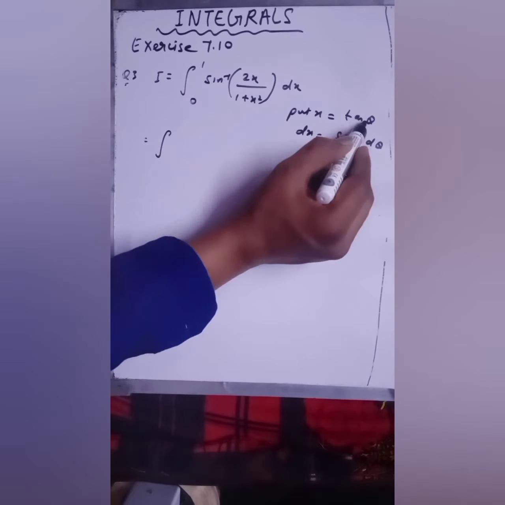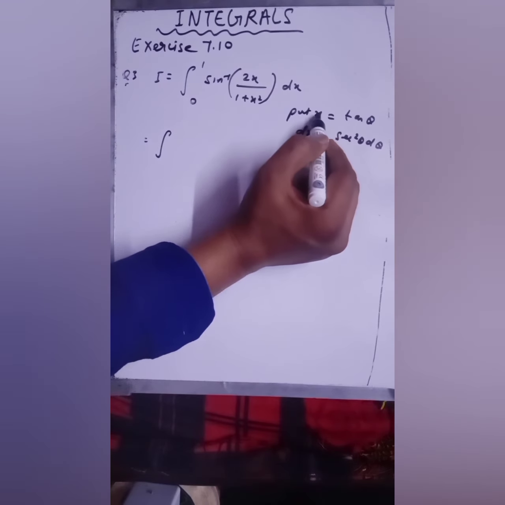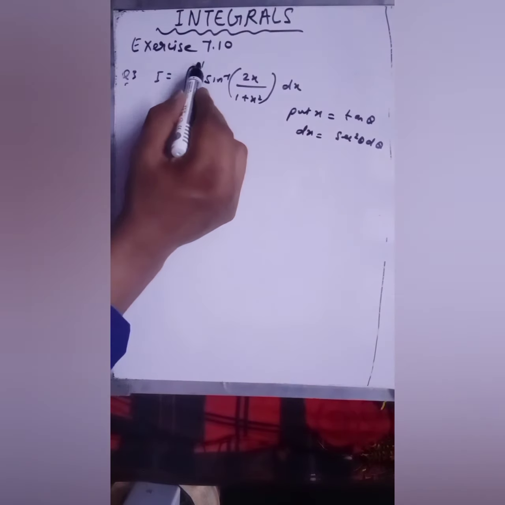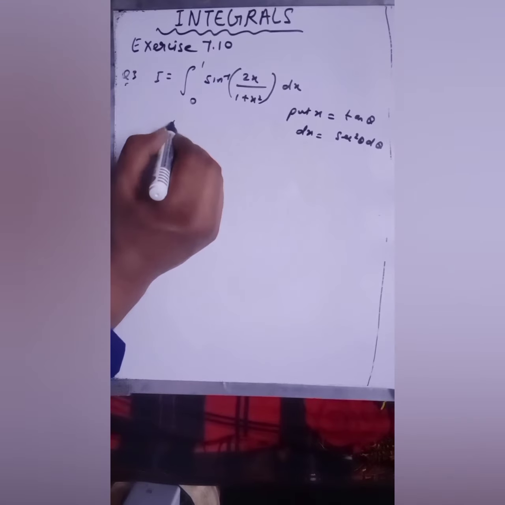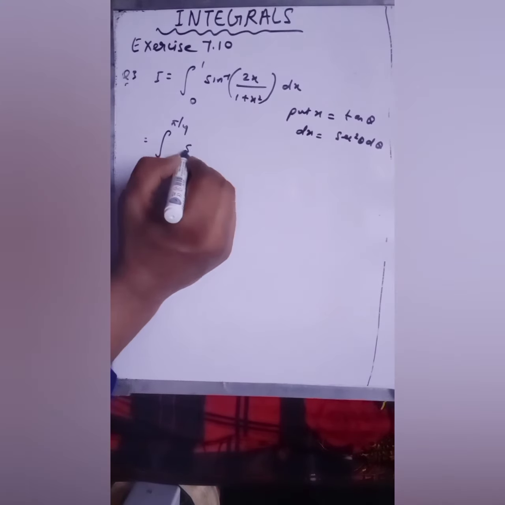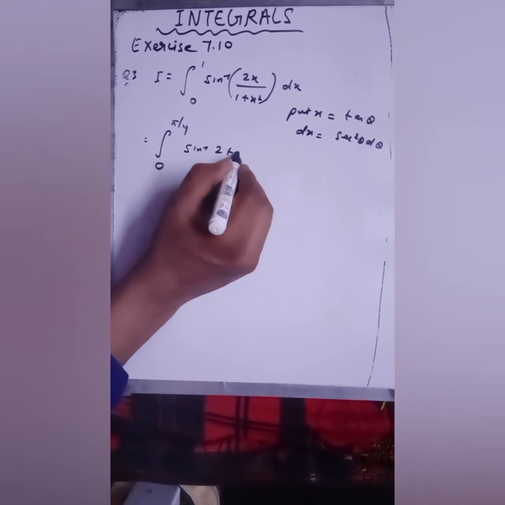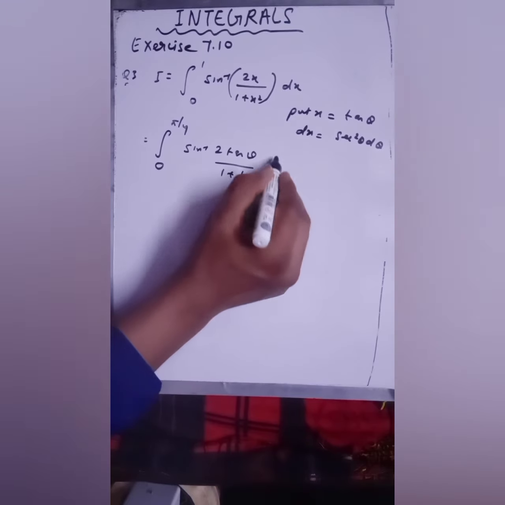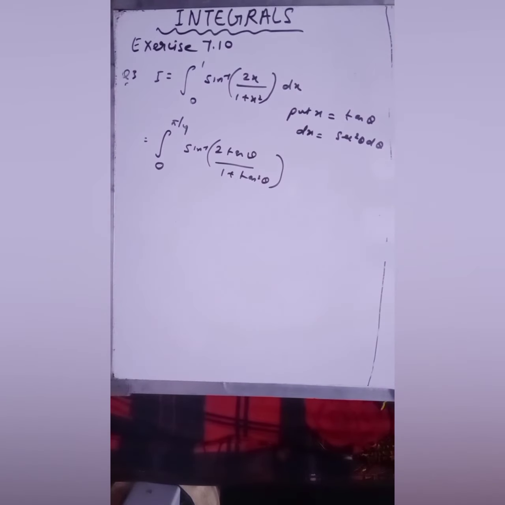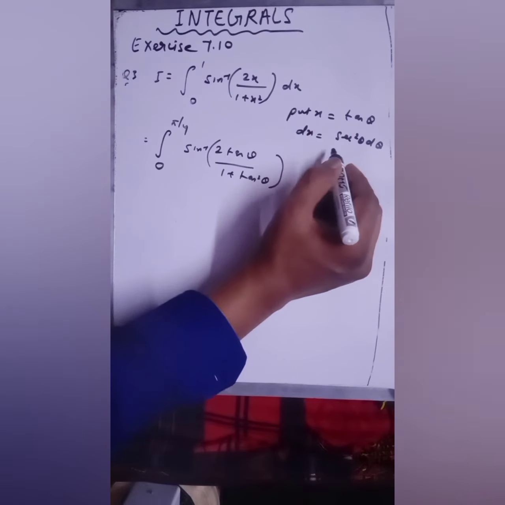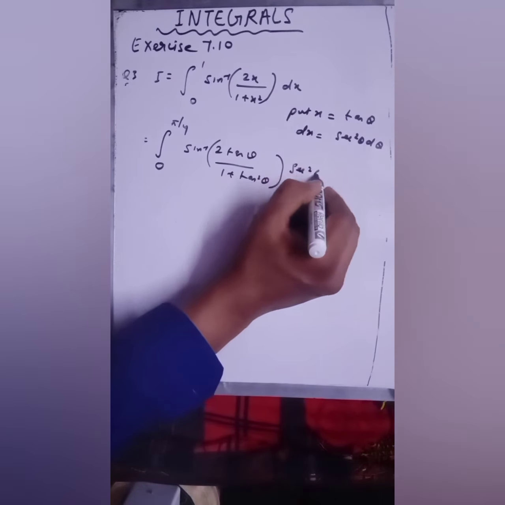When you put 0 here, your tan will be 0 at 0, and when you put 1 here, you will get pi by 4. Okay, and this is your sine inverse 2 tan theta over 1 plus tan square theta. Got it? And then in place of dx, you will write sec square theta d theta.